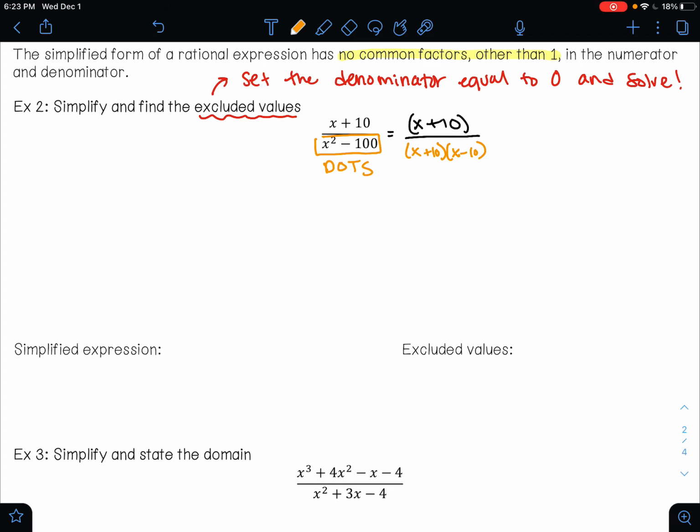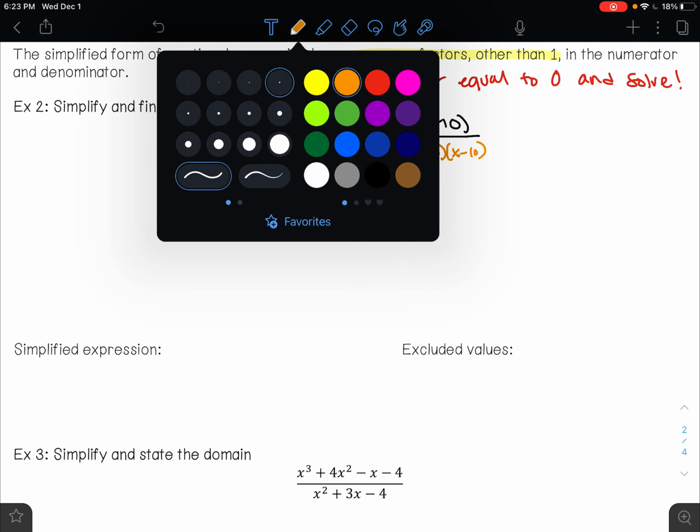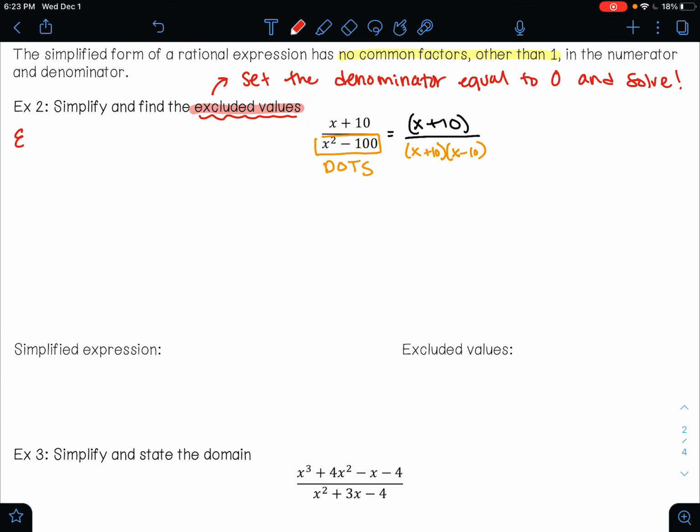Now that my denominator is factored completely, I can go ahead and find my excluded values. So for my excluded values, those are your domain restrictions. I am going to set each of these factors equal to 0 and solve.